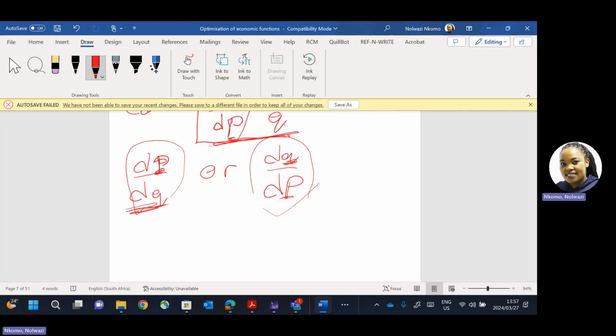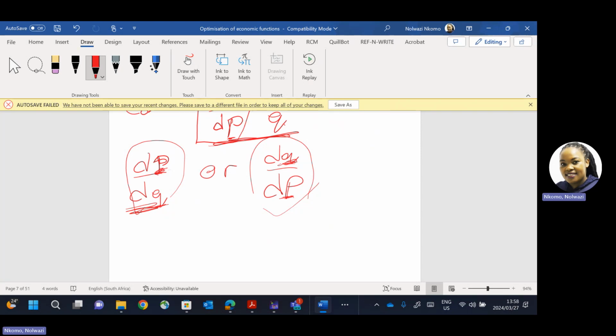Another thing, the derivative of q with respect to p is just the inverse of the derivative of p with respect to q.